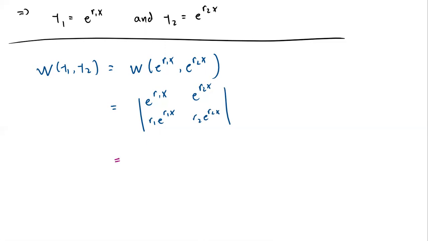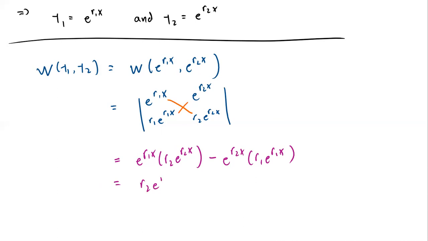So you use, by definition, right, you just take the first diagonal, multiply those entries. So we get e to the r1x times r2 e to the r2x minus, or you subtract the product of the other diagonal. So here we get e to the r2x times r1 e to the r1x. So let's simplify this. Same base, you can add the exponents.